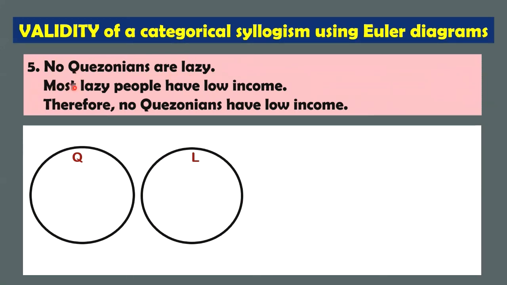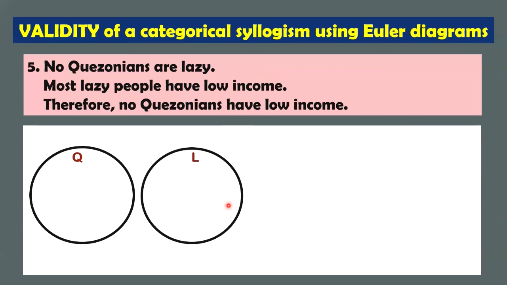Now, sabi naman sa second premise, most lazy people have low income. When you say most lazy people, it's the same as some lazy people have low income. Now, isip kayo, paano inyo i-draw yung the set of low income, yung ating capital I, the set I. Okay?